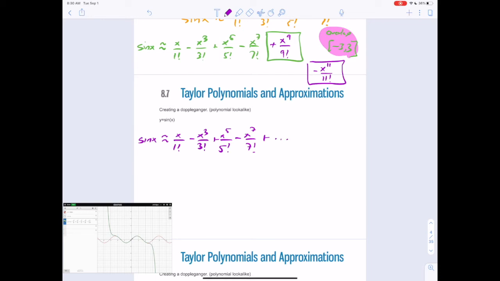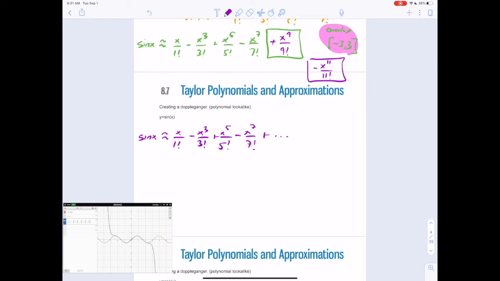We can go as far as we want, but we know that the general term, there's a pattern to it. So here's what you guys do. This right here will be your general term. So your general term is basically your pattern.